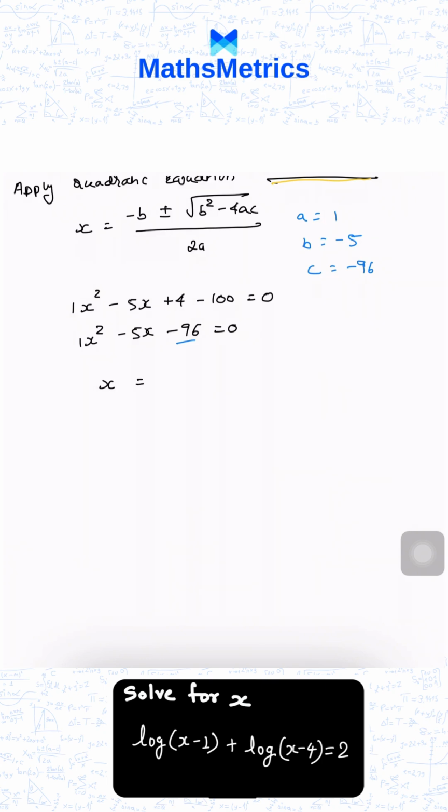x becomes minus of minus 5 plus or minus square root of minus 5 square minus 4 into a is 1 into minus 96, divided by 2 into a is 1.